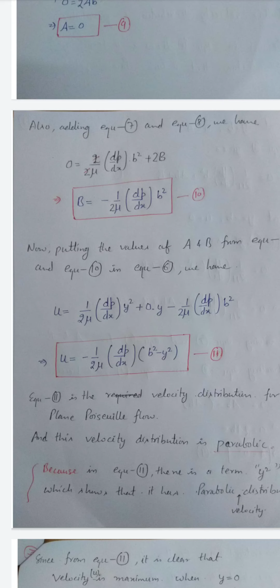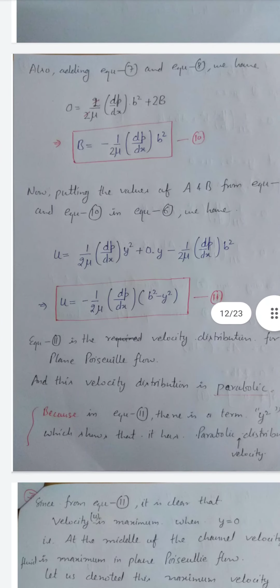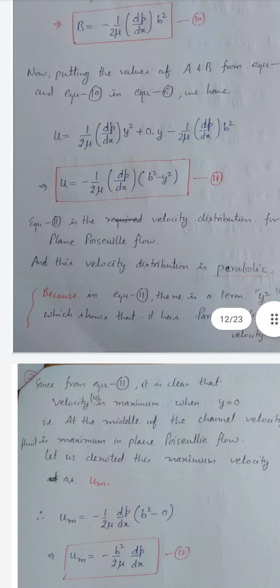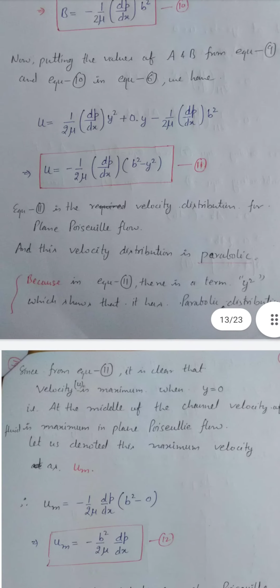We get here u is equal to minus 1 upon 2 mu dp by dx into (b square minus y square). Equation 11 has come. Right? Equation 11 is the velocity distribution for plane Poiseuille flow.